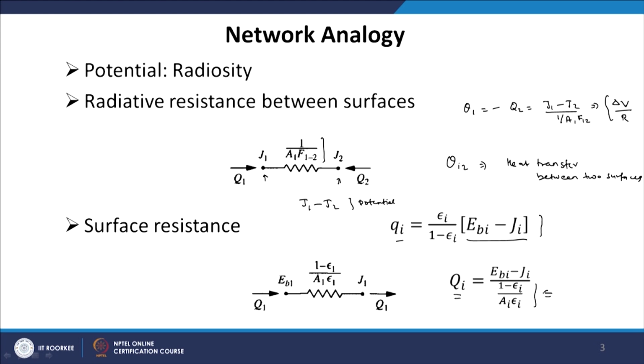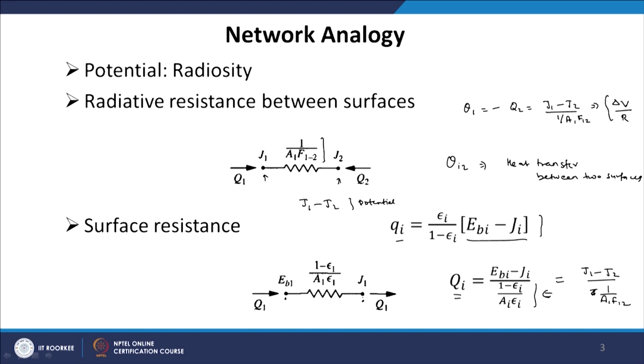This term in the denominator is called surface resistance, and definitely this is going to be the same as J1 minus J2 upon 1 upon A1 F12. So, the current is going to be the same. In the electrical analogy, the electric network methodology, the 2 points are at potential EB1 and J1.